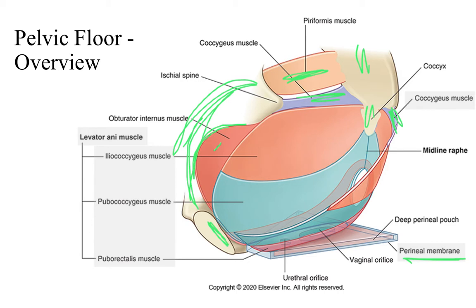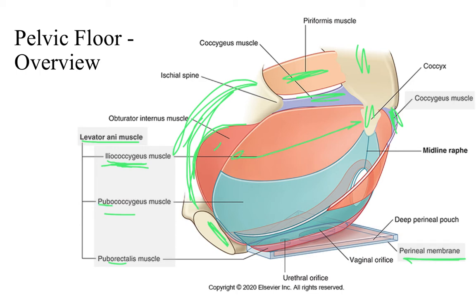All right. Deep to that, or more superficial to the inside of the pelvic cavity, we have the levator ani muscle. And you notice that the levator ani muscle is made up of 3 separate muscles. And the names of the muscles tell you where they go. So the iliococcygeus goes from the ilium to the coccyx.